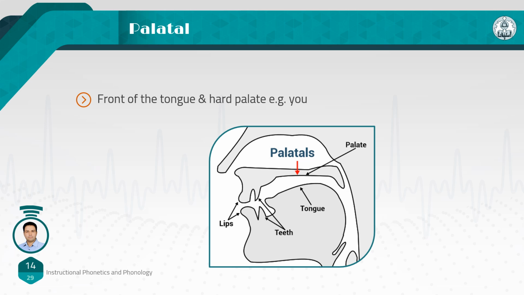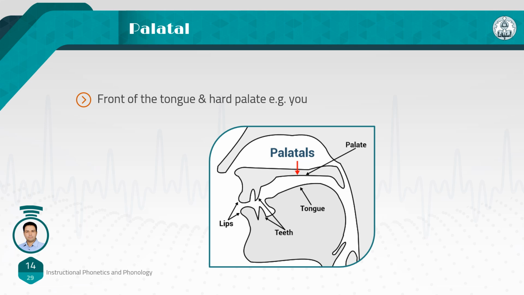If you say this consonant by itself, y, you should be able to feel that it begins with the front of the tongue raised toward the hard palate. You can see the red arrow in the picture. This is the exact location.